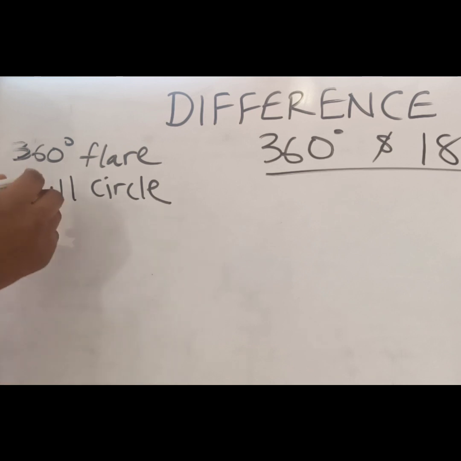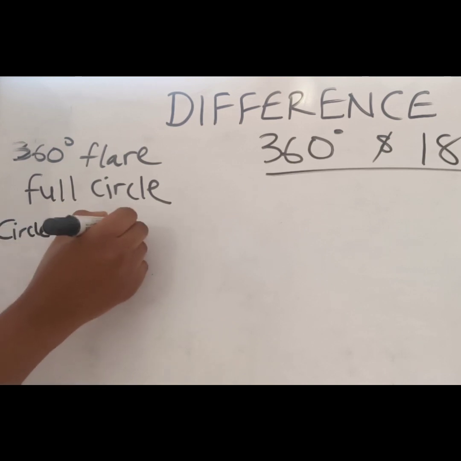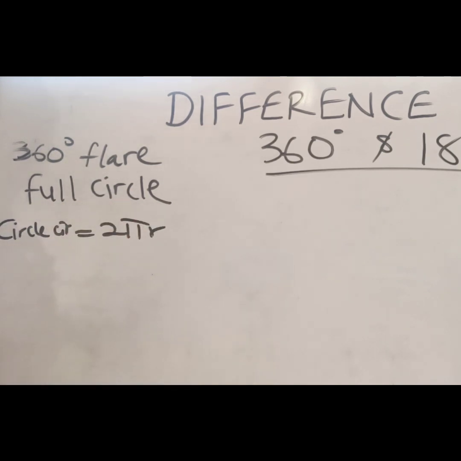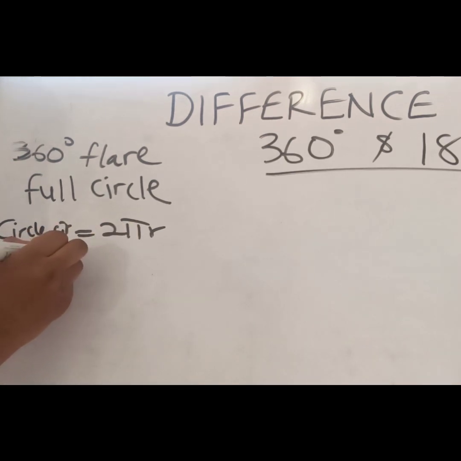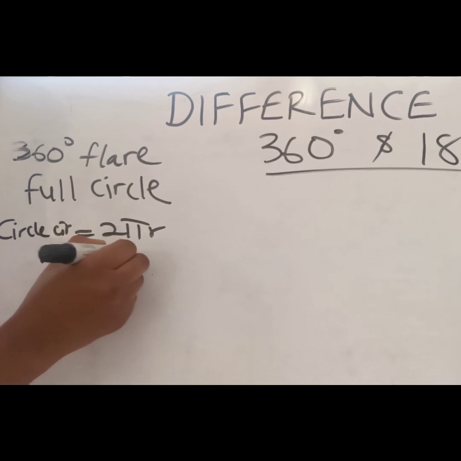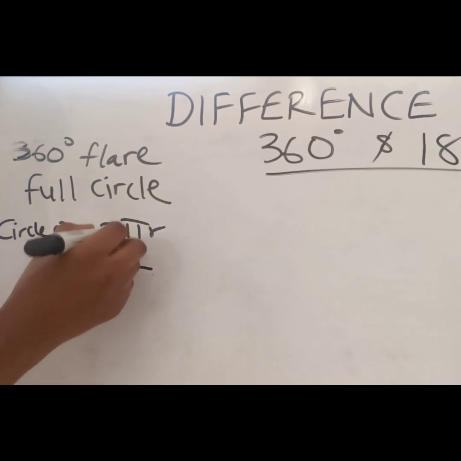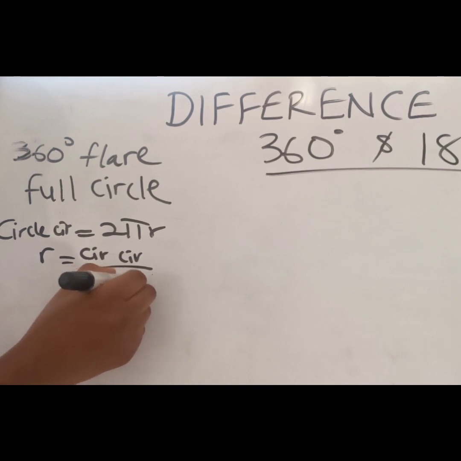And from the formula of calculating circle circumference, we have 2 pi r. And after calculating, we discover that radius or r is circle circumference over 6.28.